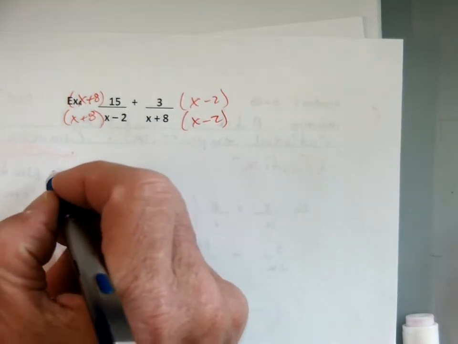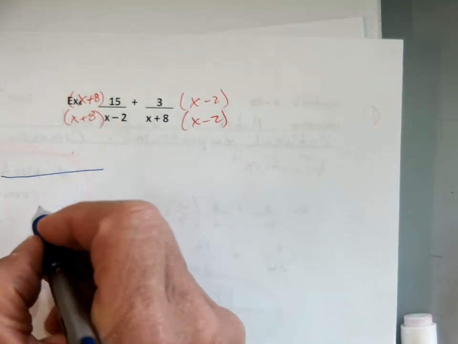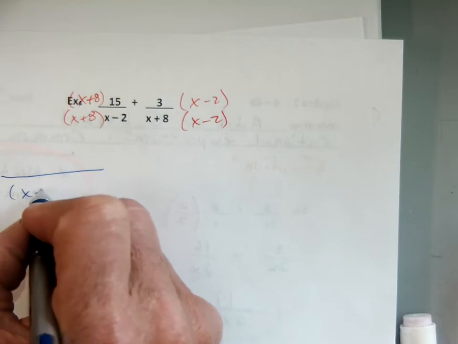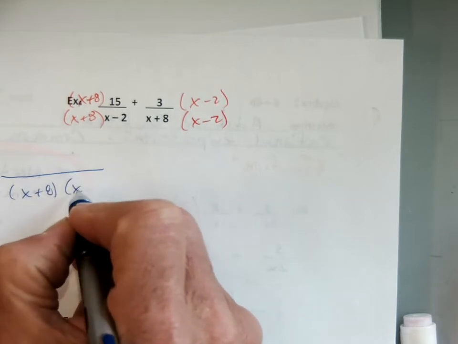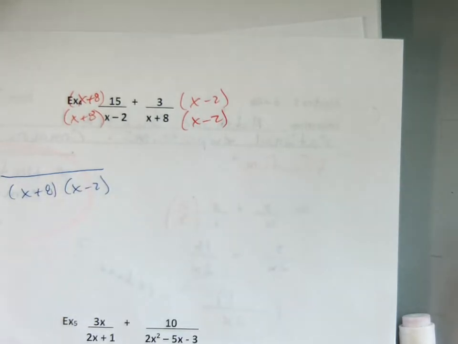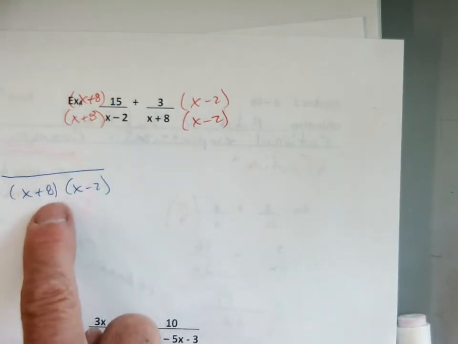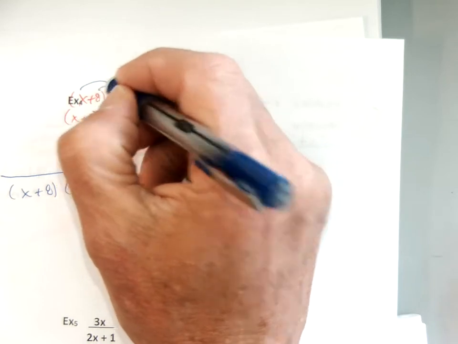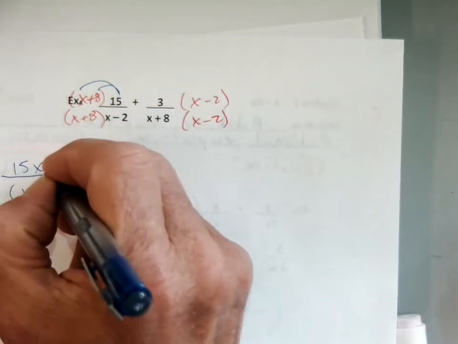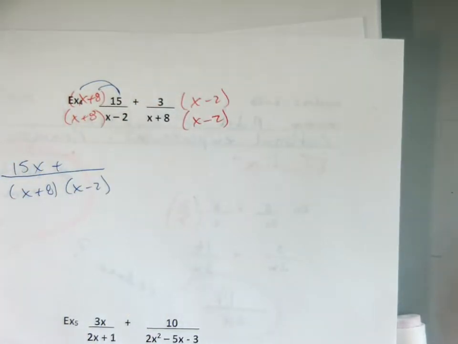Okay, so I have a common denominator. It is x plus 8 times x minus 2. And then I'd have a 15x plus, what is 15 times 8?